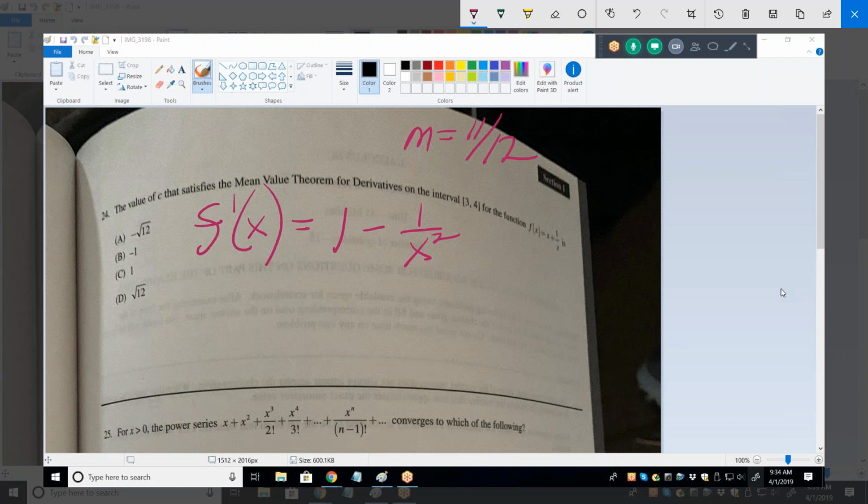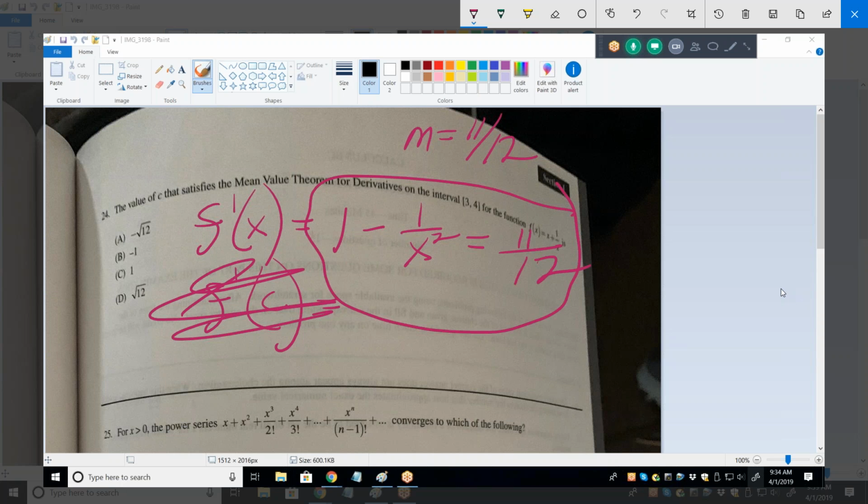So, what I'm looking for is some c that's equal to 11 twelfths. So now all I have to do is solve that. And when I say a c, I'm looking for a value of x.